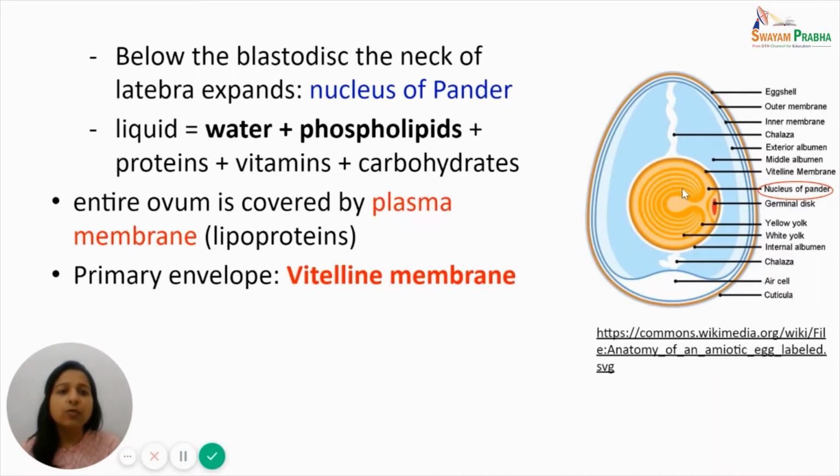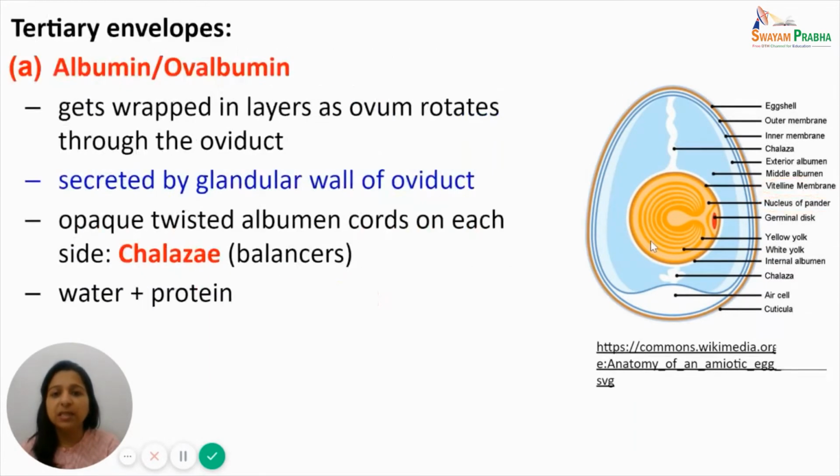The entire ovum is covered by a plasma membrane or the plasmalemma, which is made up of lipoproteins. It further has a primary envelope around it, which is known as the vitelline membrane. There are no secondary membranes in the chick egg. Now, there are certain tertiary envelopes which are laid outside the vitelline membrane.